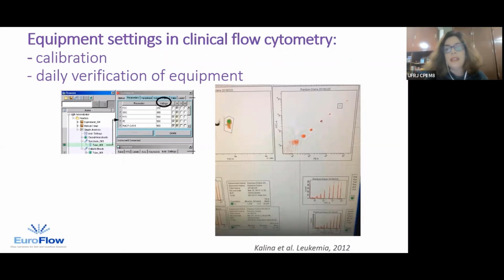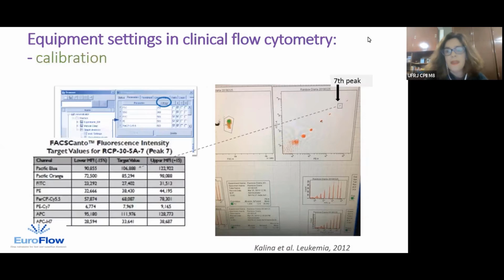The Euroflow group has standardized the use of calibration beads, the rainbow beads, and we use the 7th peak of fluorescence, and we have target values, and we can accept a small deviation.